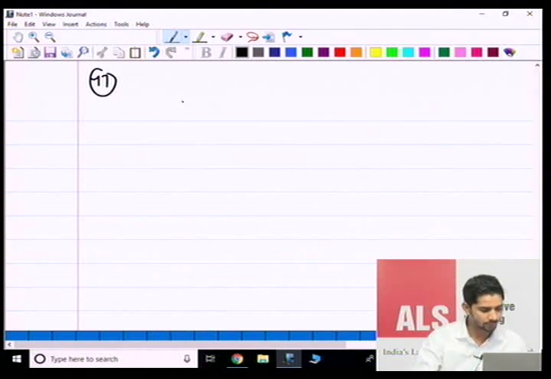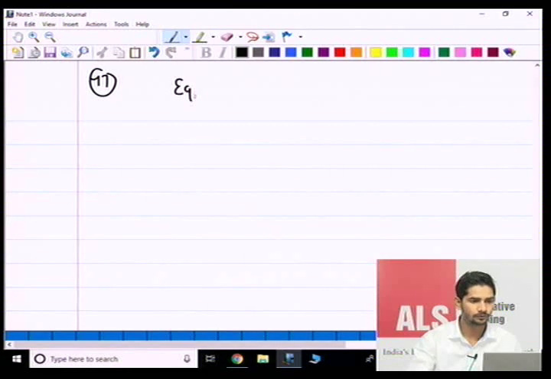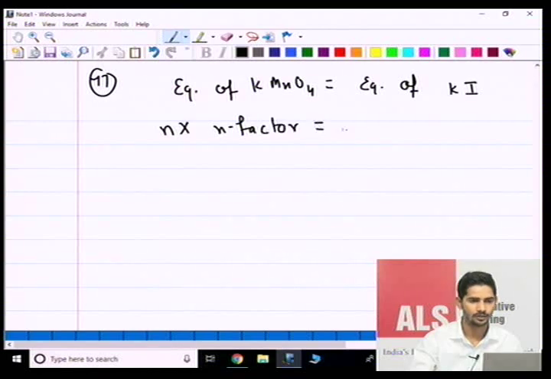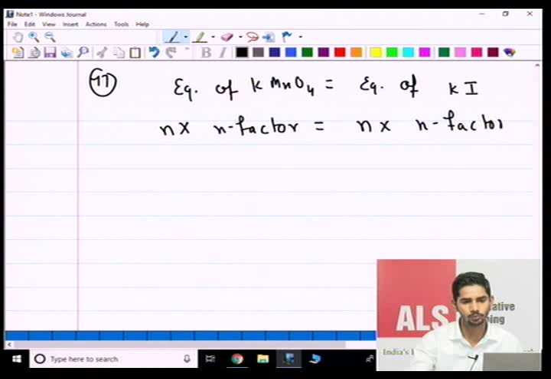Number of moles of KMnO4 reduced by 1 mole of KI in alkaline medium. We have to put the equivalents of KMnO4 equal to the number of equivalents of KI. This is moles into n factor, again moles into n factor.